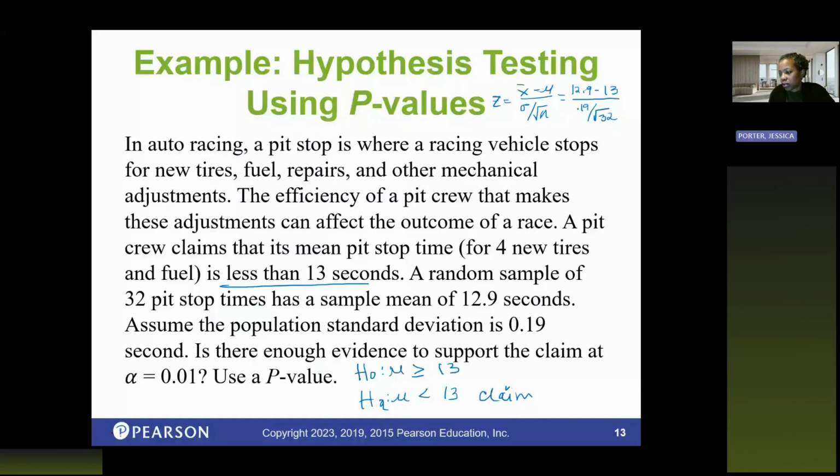The P-value was, we'll say, 0.0014. So we're comparing 0.0014 to 0.01. Are we going to reject or fail to reject? Which one is bigger?